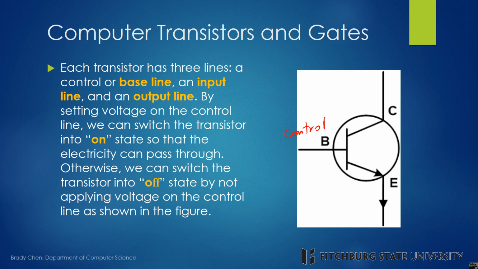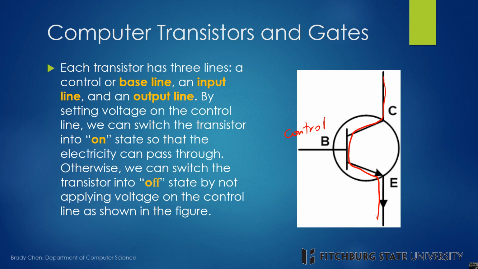So you can set a voltage on the control line, and then we can switch the transistor into the on state. That means the electricity can flow and pass through. Otherwise, we can switch the transistor into the off state by not applying voltage on the control line.